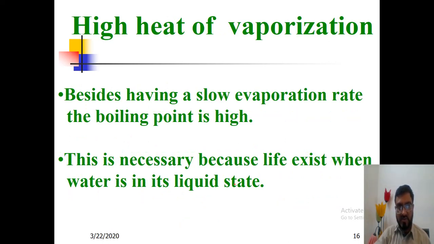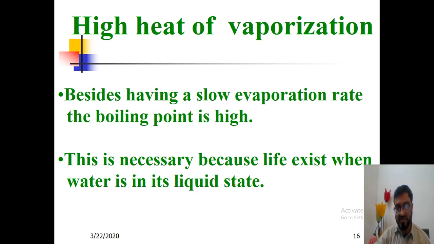Another property of water is the high heat of vaporization. Besides having a slow evaporation rate, the boiling point is very high. Again, the hydrogen bonds are responsible, as they are not easily broken. This is necessary because life exists when water is in its liquid state.